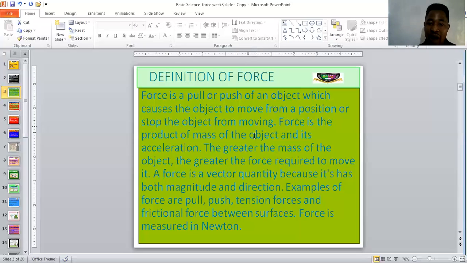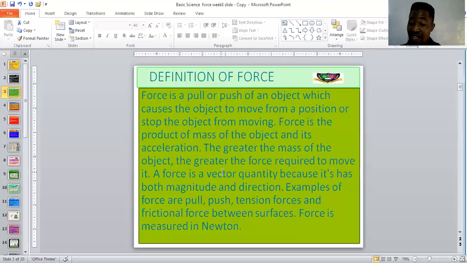All right. Now, I've said here that the greater the mass of the object, the greater the force required to move it. Yes. If you want to push a car, for instance, some of you are lazy bones, you alone cannot push a car because the car is so heavy. It will take a lot of people to gather around to push the car.